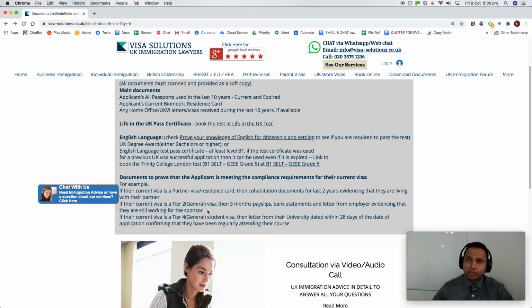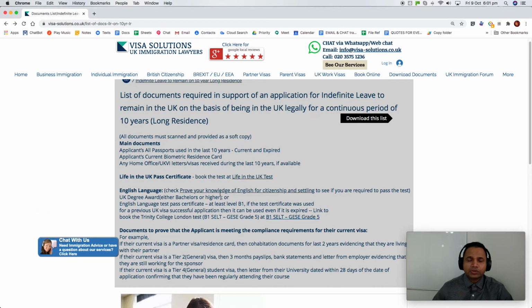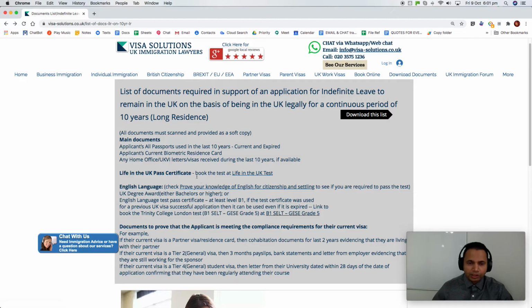In the past, we also did a Tier 1 Entrepreneur who had that visa and then she got married to someone. She was on a Tier 1 Entrepreneur and then we applied for her to switch. So on the spouse visa, they ask for the compliance of the current visa. So the compliance of the current visa is quite an important requirement. So just be mindful of that.